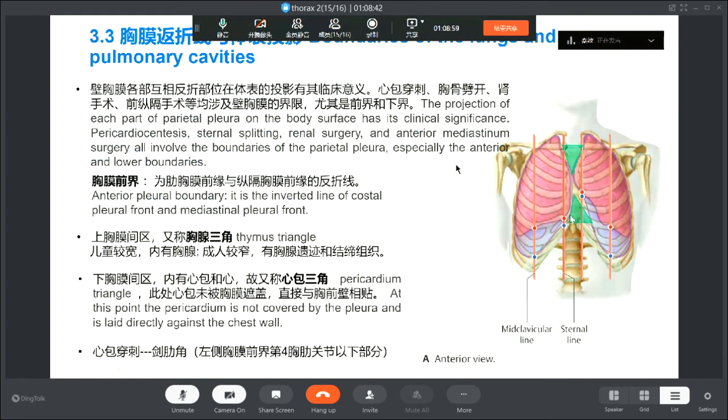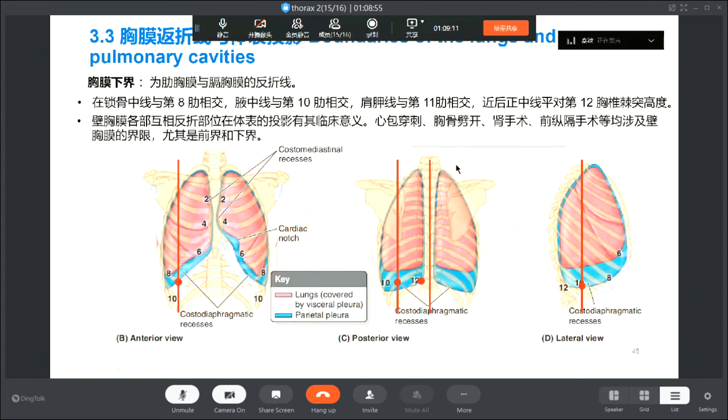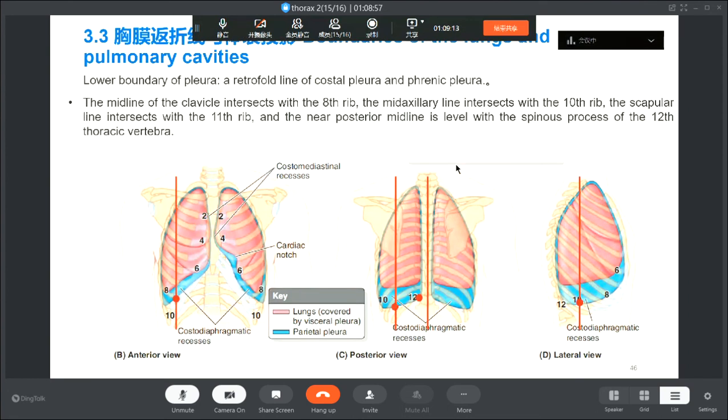At this point the pericardium is not covered by the pleura and is laid directly against the chest wall.